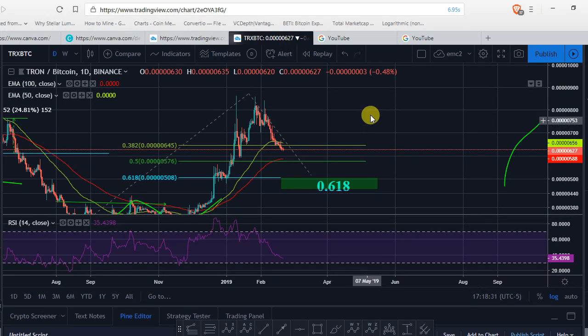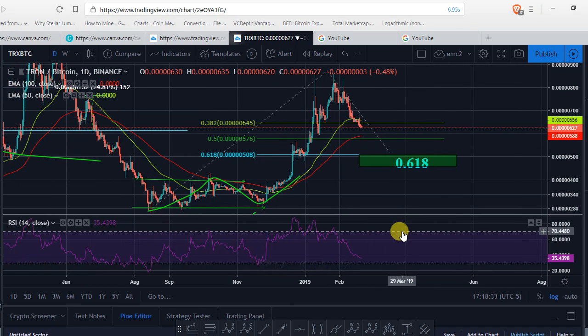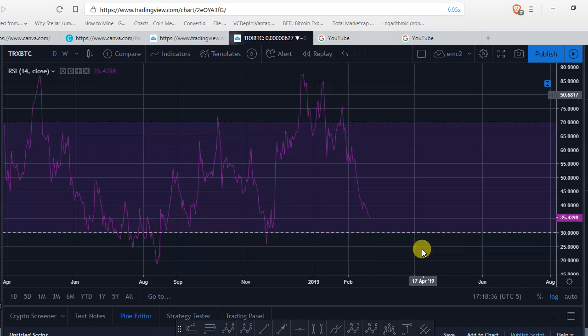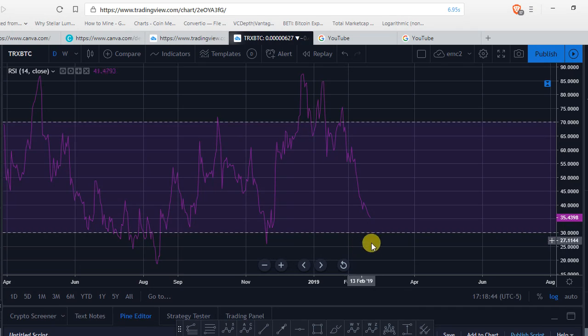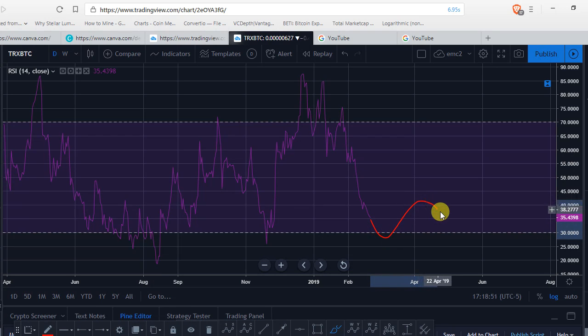When you take a look at the RSI for Tron, the RSI is getting to this lower boundary of the oversold region, right? So you can see right here, maybe we're going to make some divergence, right? I'm expecting Tron at least to make this type of formation.